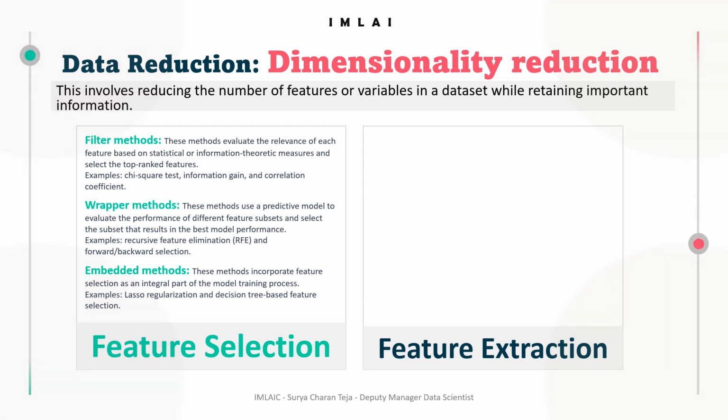Then we have the second one, that is feature extraction. Feature extraction techniques involve transforming the original or existing features into a lower dimensional representation. These techniques create new features that capture the most relevant information from the original data set.